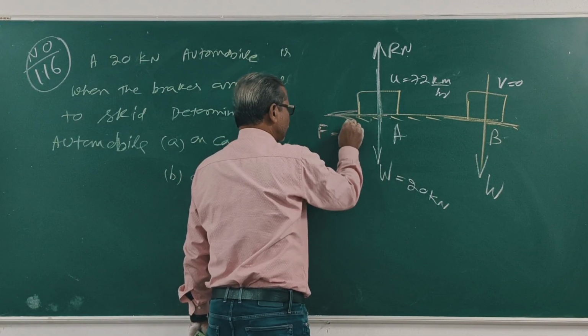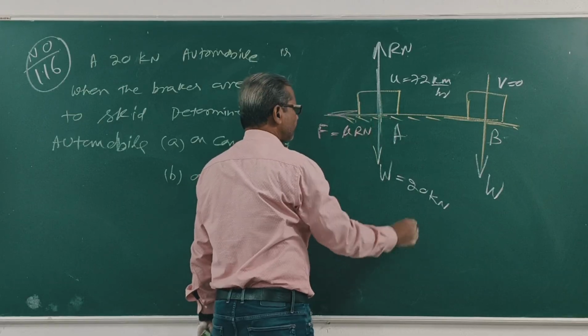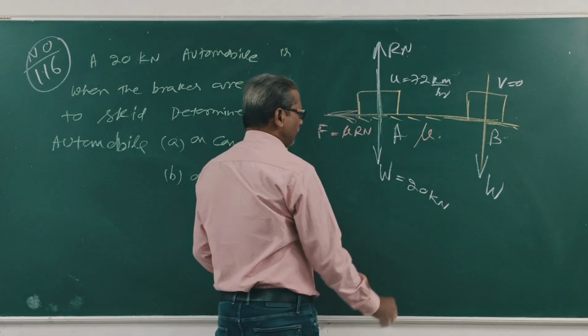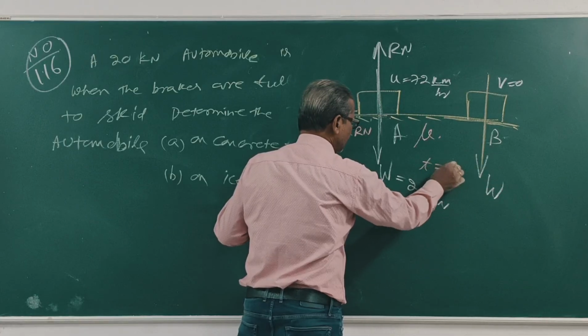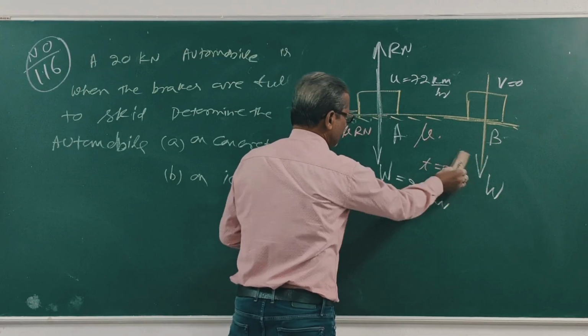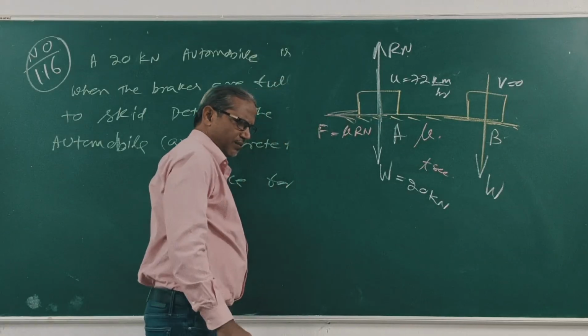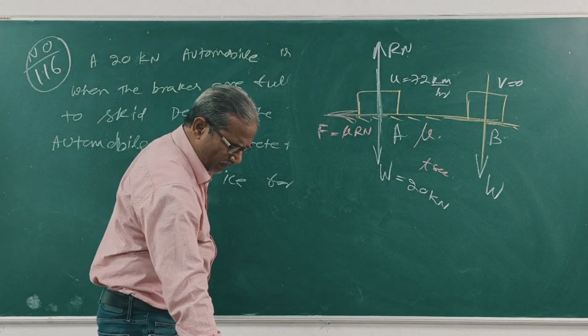F is equal to mu Rn. So the time taken from A to B is T seconds. Right? Now write the given data.